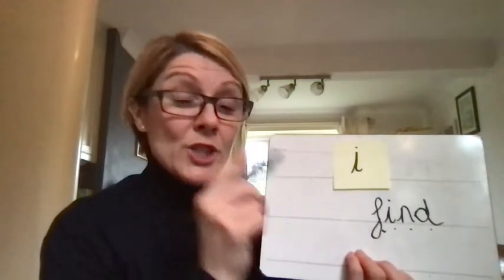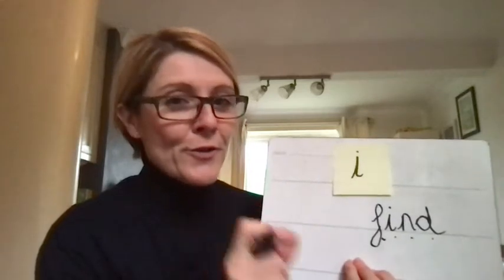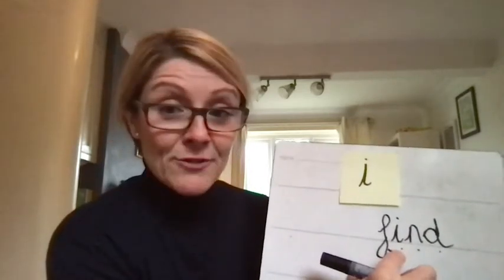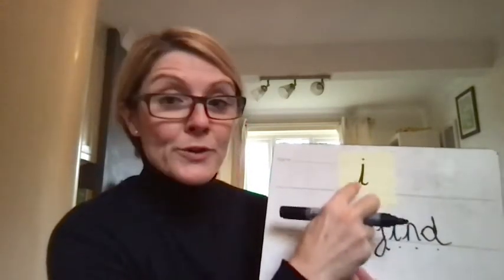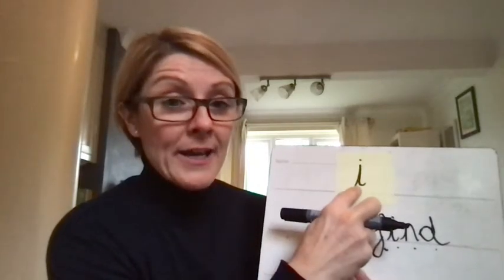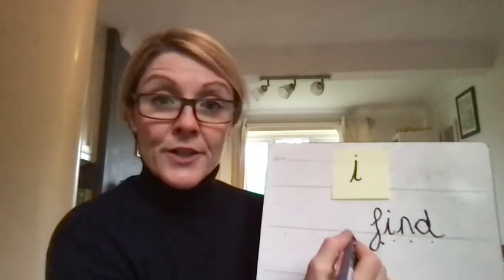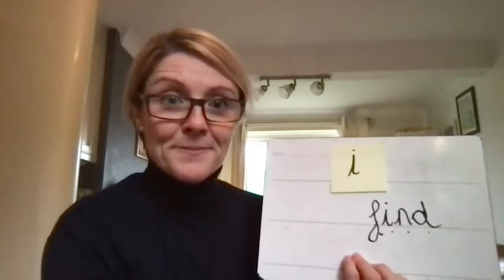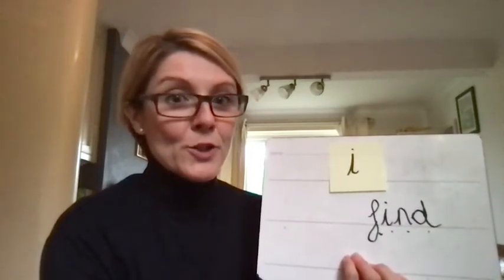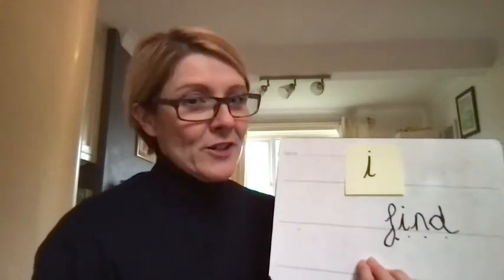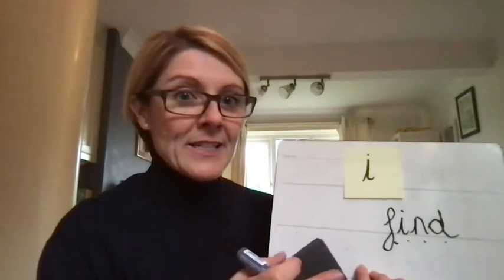So I'm going to change because now I also know that this letter on its own can also make an I sound. So i, and find. So now we're going to find digraphs and the trigraph of I, the different spellings of I in different words.